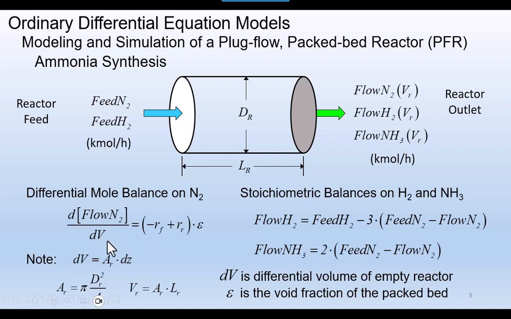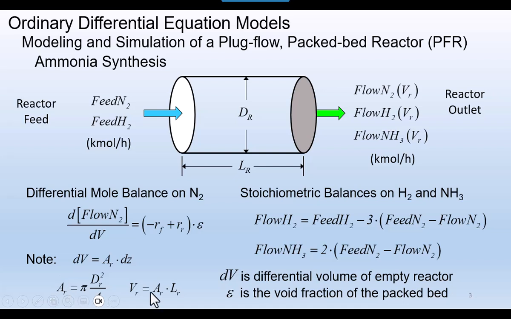And then the volume here is in terms of the empty volume of the cylindrical space. So we apply the void fraction, which then represents the amount of space available for the gas to flow through the bed. And so we apply the void fraction to that equation.